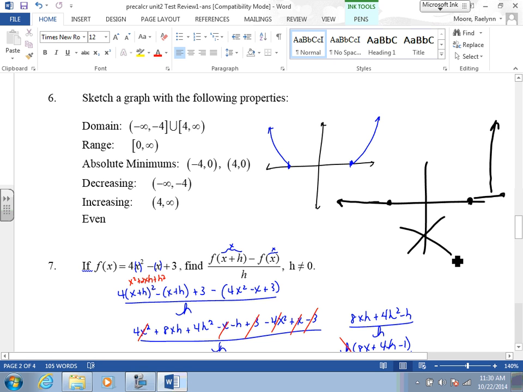Your absolute minimums are those points, those intercepts. That's where it's going to start, and it's going to decrease from -infinity down to the x value of -4. It's a decrease. And then it's an increase from 4 to infinity. It's even, have symmetry over the y-axis, right? We can tell right here, these are spaced apart equally.